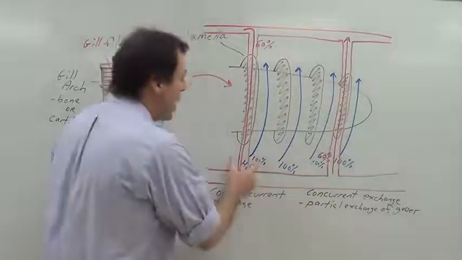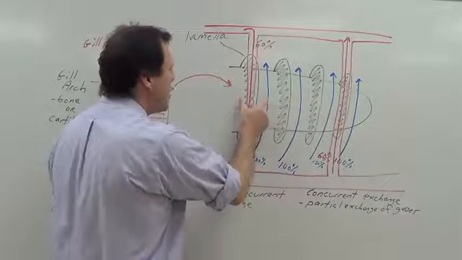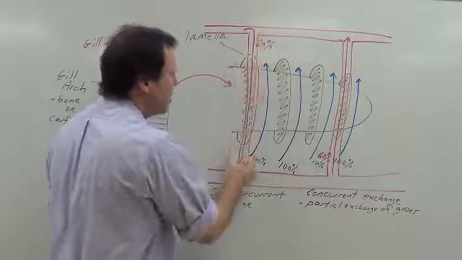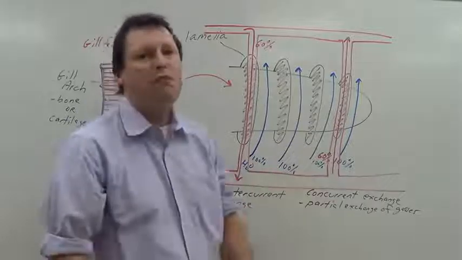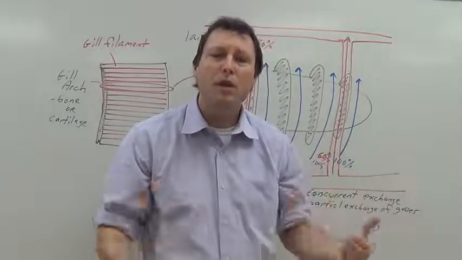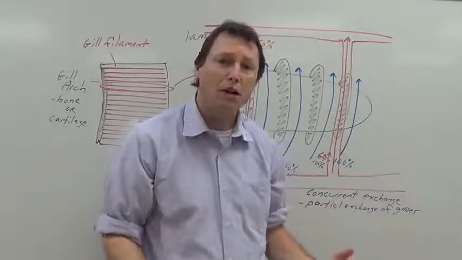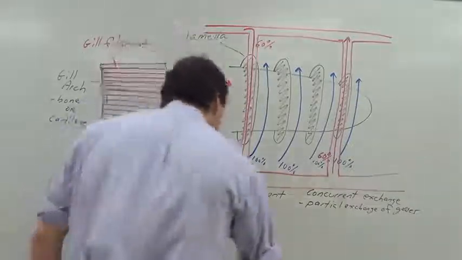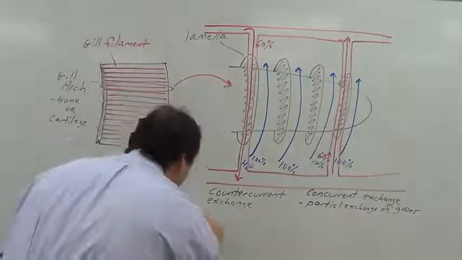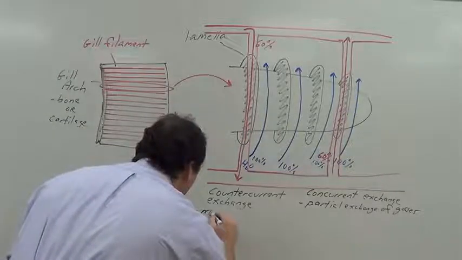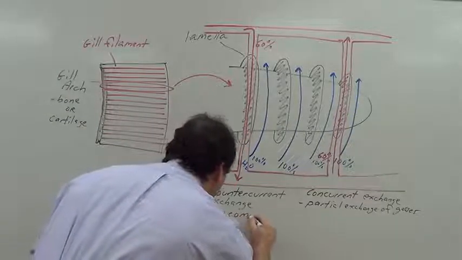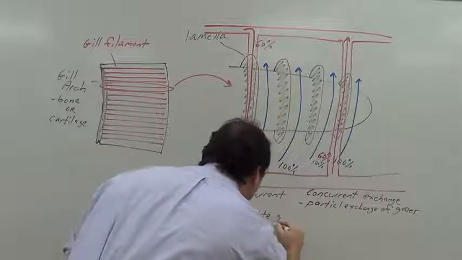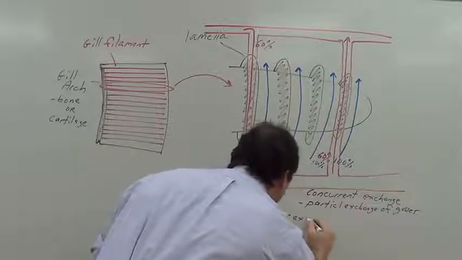That means that we're going to have a continuous concentration gradient across the entire gill filament. And we're going to have much, much, much more complete gas exchange take place. And that's what nature likes. Nature likes efficiency. So with the countercurrent exchange, we're going to have more complete gas exchange.